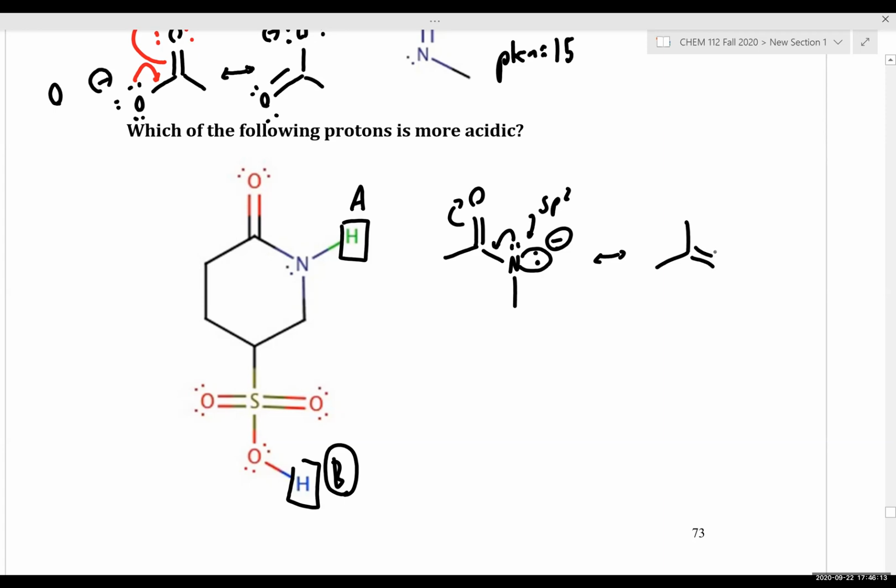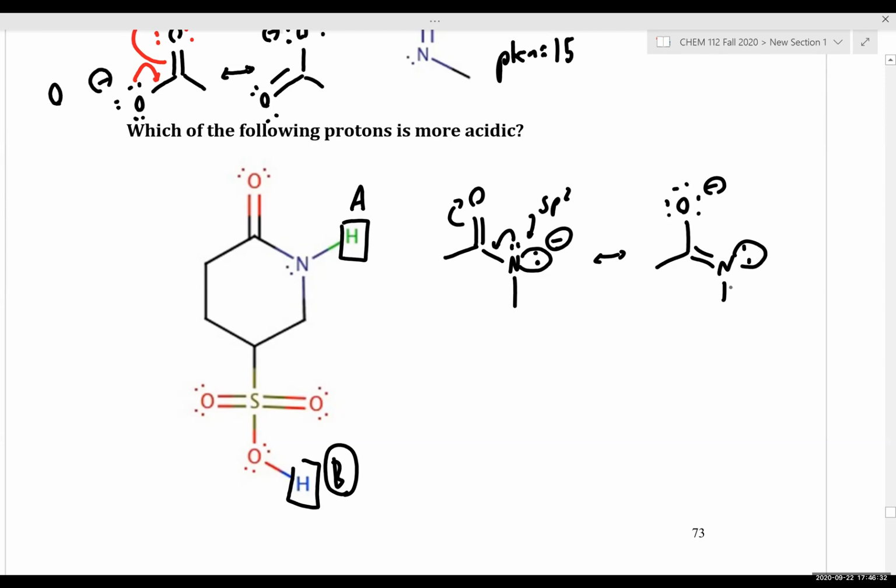So amides don't get a ton of benefit from resonance effects because one of the lone pairs is always inherently going to be localized on the nitrogen atom.